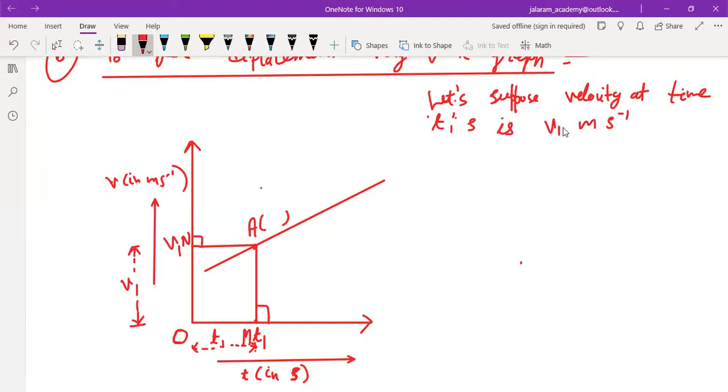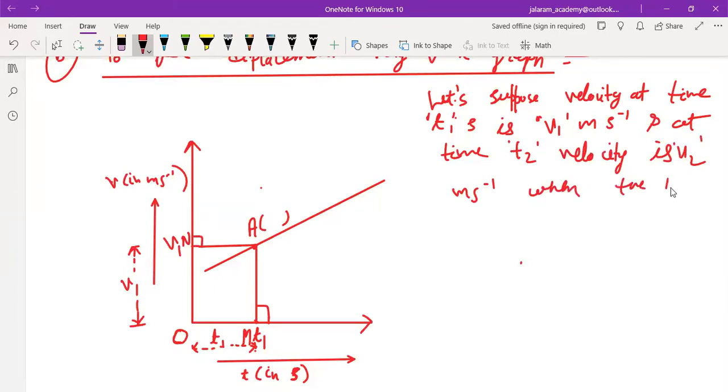Write the unit also, and write the arbitrary constants like t1, v1 as variables. Actually, they are the variables inside the inverted commas. Let's suppose velocity at time t1 is v1 meter per second and at time t2 velocity is v2 meter per second.